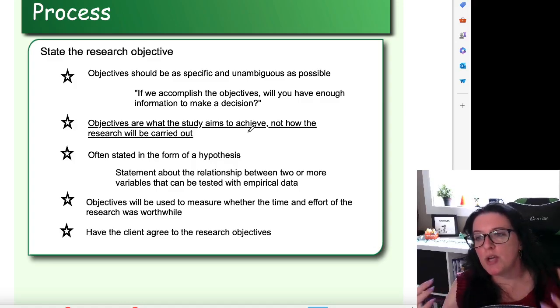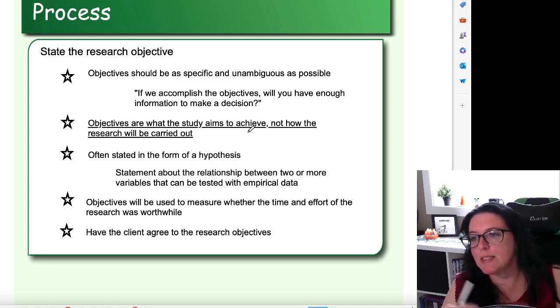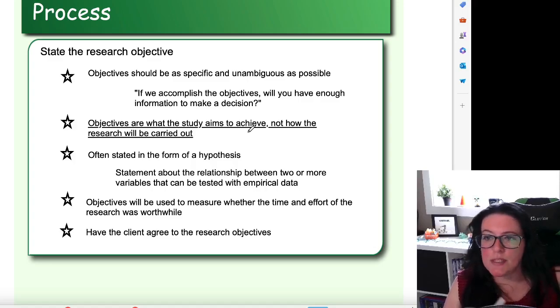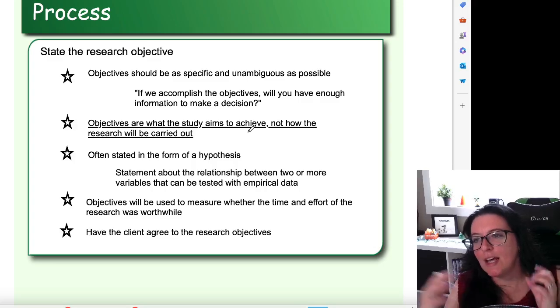out. So objectives are not step 1, step 2. It's how you will know if the research is successful. It's often stated in the form of a hypothesis, right? And a hypothesis is the if-then statement we talked about before. If we do this, then this. So if we have this type of promotion, then sales will increase.